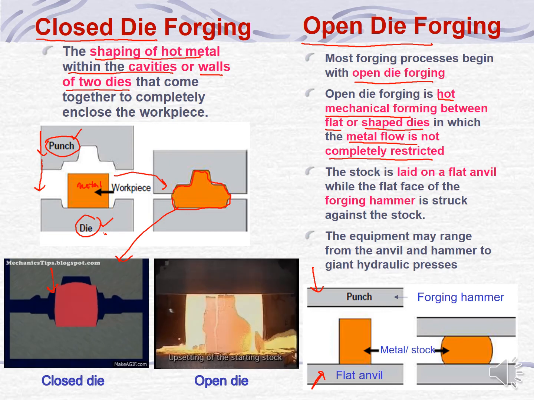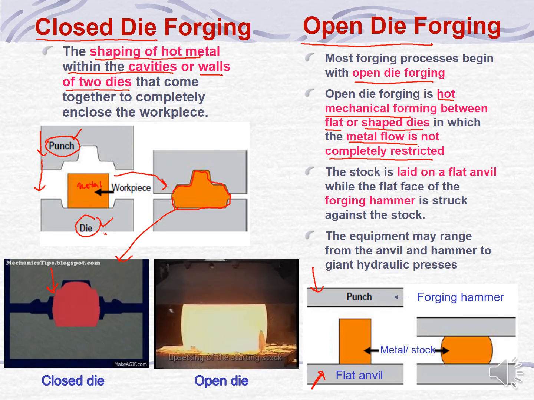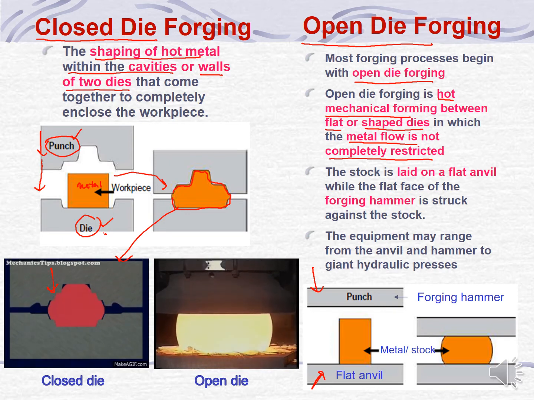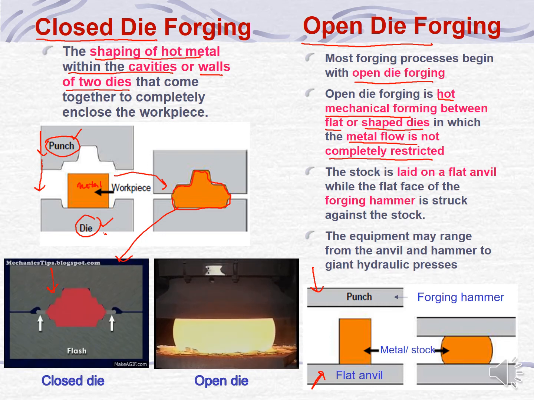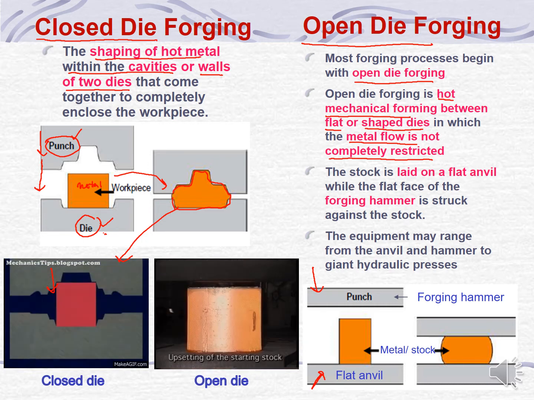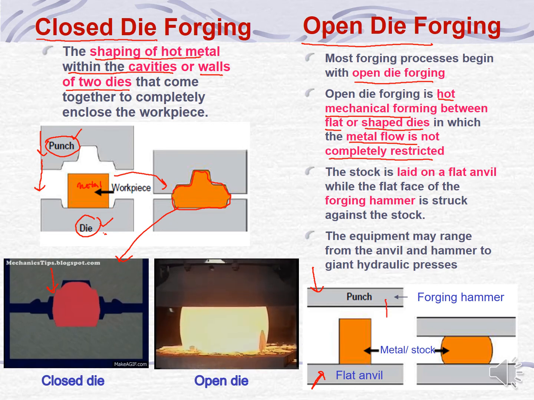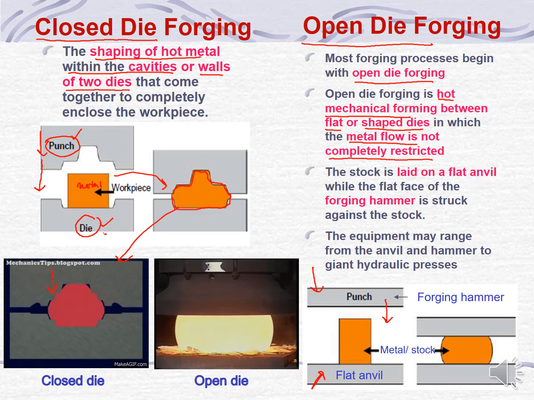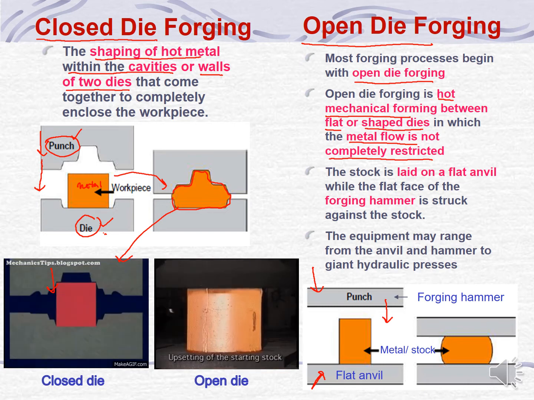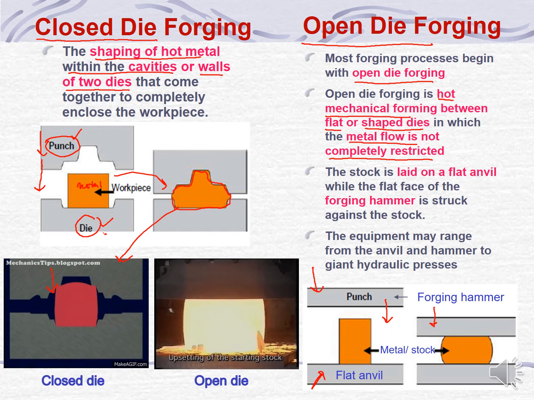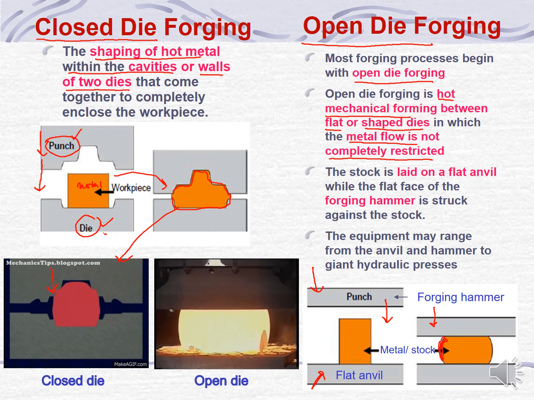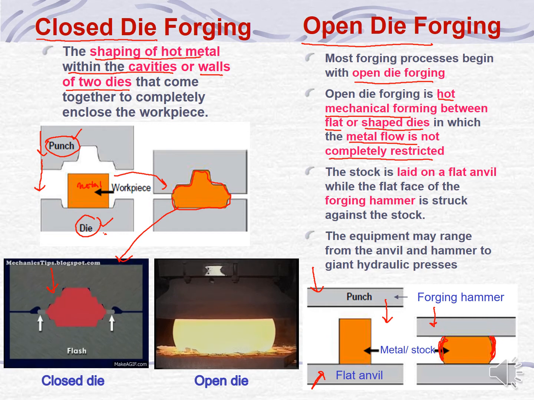Okay, this is the metal block. During this process, this flat metal punch will strike against the metal stock. And when we strike the metal, the flow of the metal is not restricted.